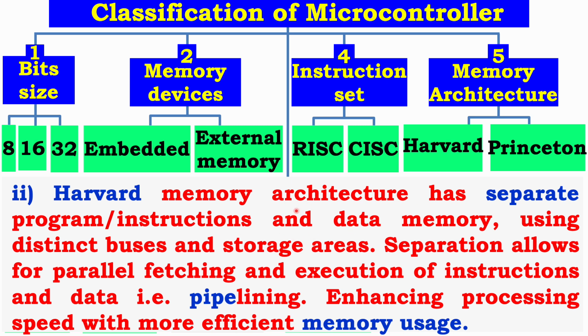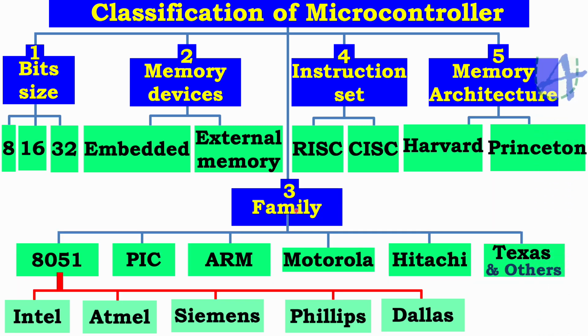Now this is the entire classification of microcontrollers. So this is the completion of the entire topic. If any students have doubts, you can post your doubts in the comments and I can reply regarding the entire concept of the various types of microcontrollers.